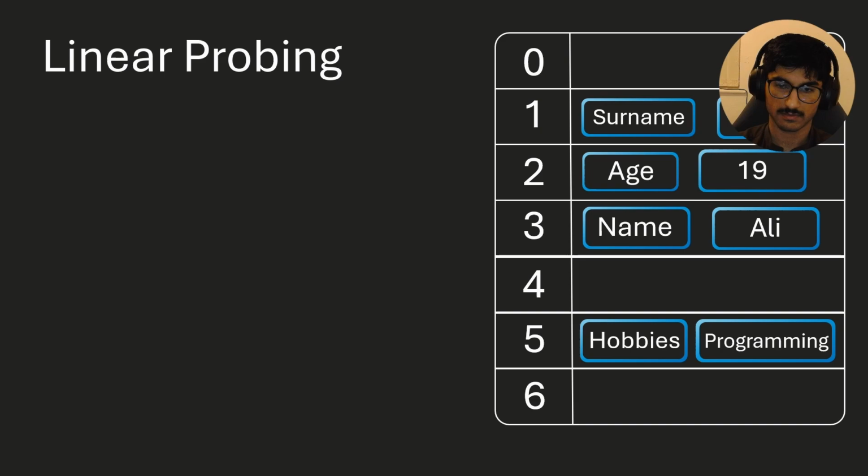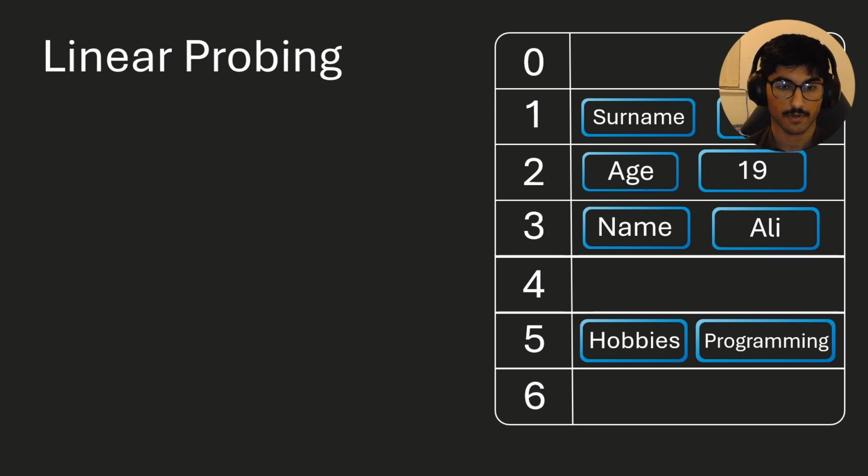So this is kind of the basic collision resolution techniques we have. If you want to know more about double hashing and quadratic probing and other open addressing collision resolution techniques, I'll leave a link to an article in the description. You can read that. But they work in a very similar way to linear probing, just slightly differently to make it a bit more optimal.